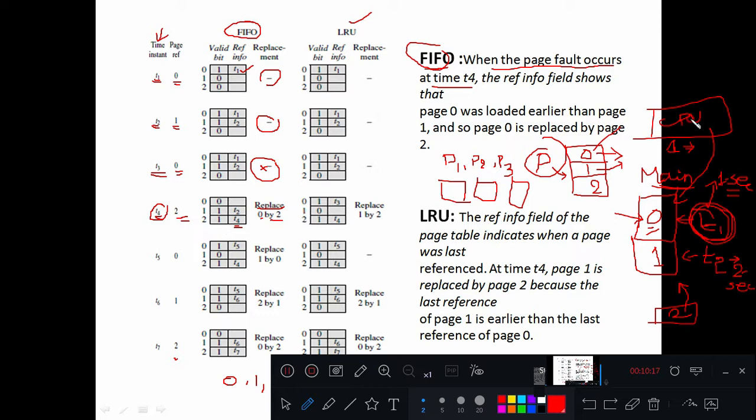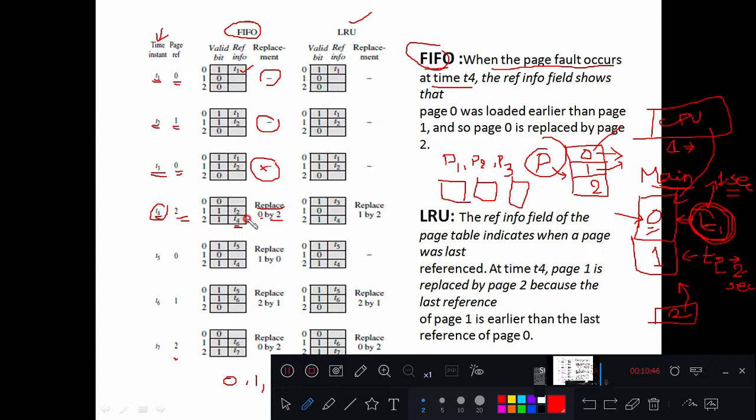Whenever the central processor unit requires a particular page in the main memory, first it will check this valid bit, whether it is high or low. If it is 0, then it will request the virtual memory manager, there is a page fault, so replace this particular page in the main memory. If this valid bit is high, then that particular page is going to be loaded from main memory into the central processing unit.